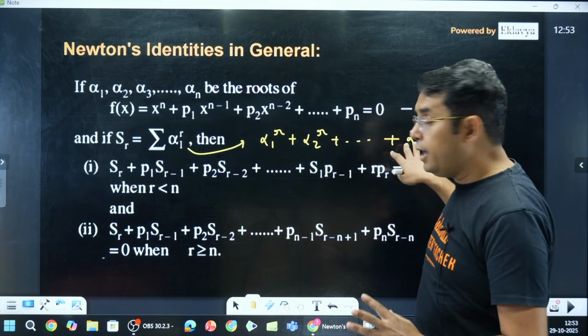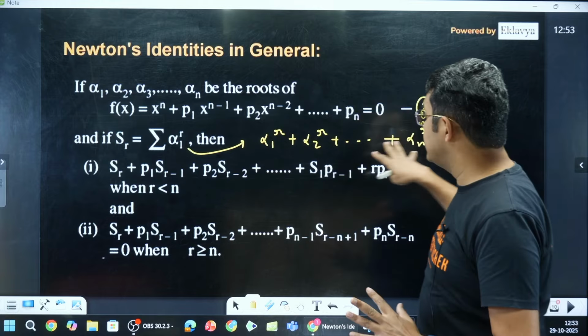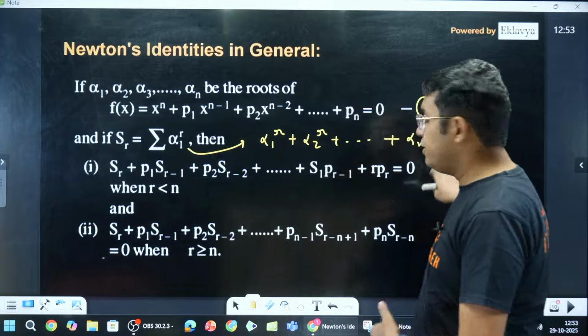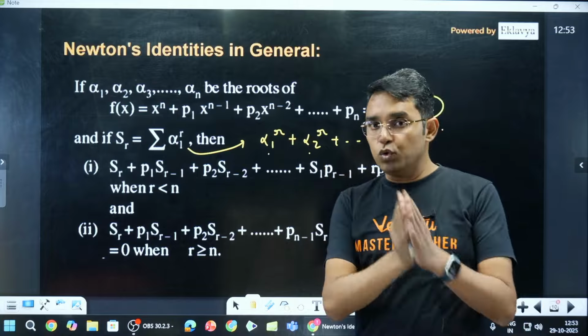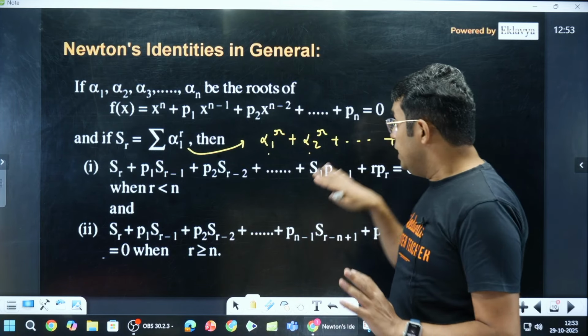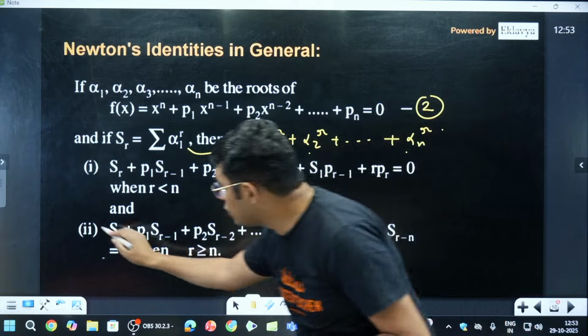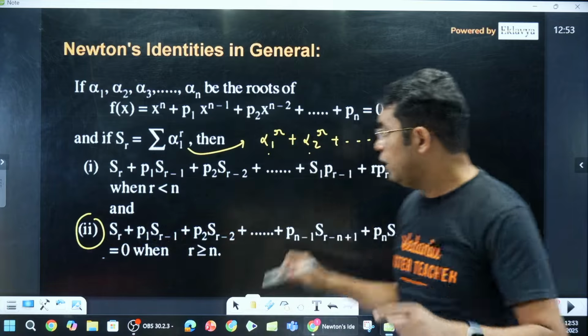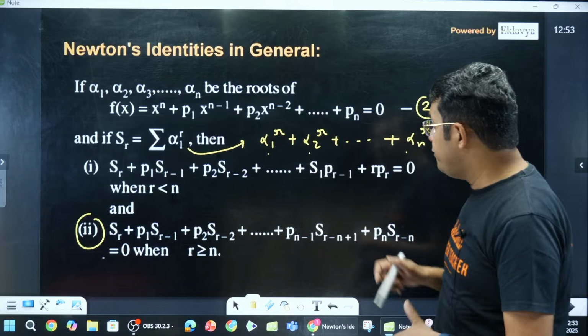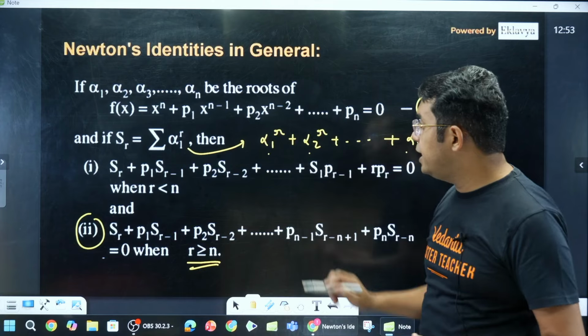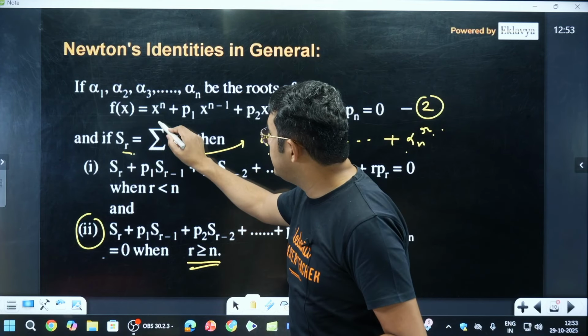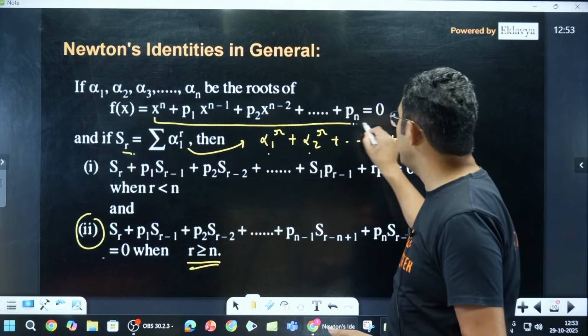Here, because you have n roots, there will be a total of n terms. In the quadratic there were only 2 roots, so we had only 2 terms. Now first please focus on the second one, not the first one. You will see if r is greater than or equal to n, this satisfies the polynomial equation directly.